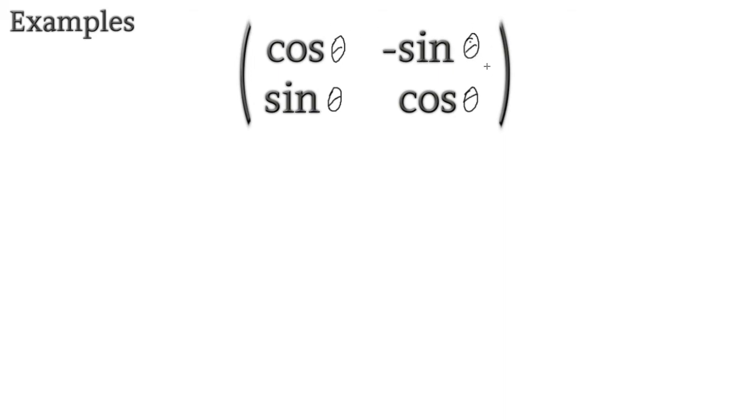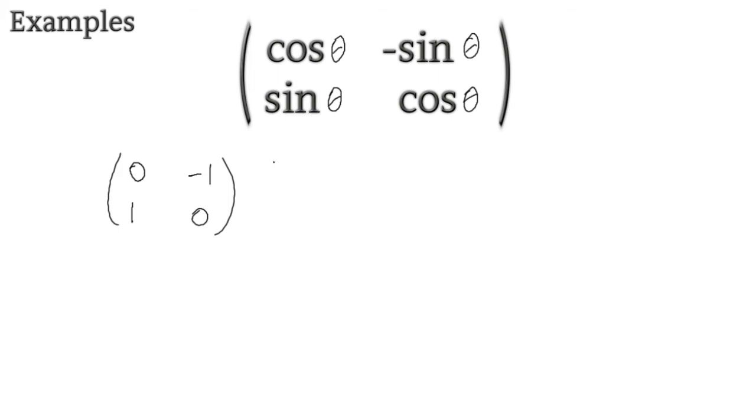So let's just put 90 degrees for theta. Cos 90 is 0. Sine 90 is 1. Sine 90 is 1. Cos 90 is 0. This should be a rotation matrix anti-clockwise.